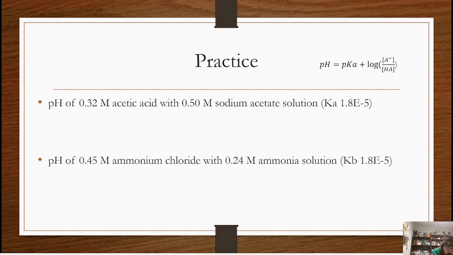And what about when I have 0.45 HA and 0.24 A minus, and the Kb is 1.8 times 10 to the negative 5th. Now, as I said, I will solve this two different ways.